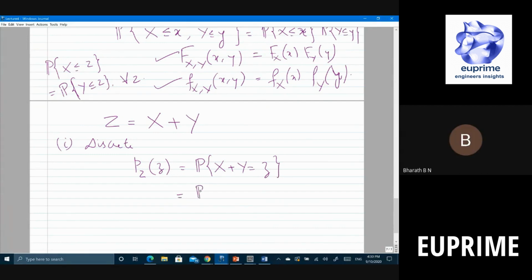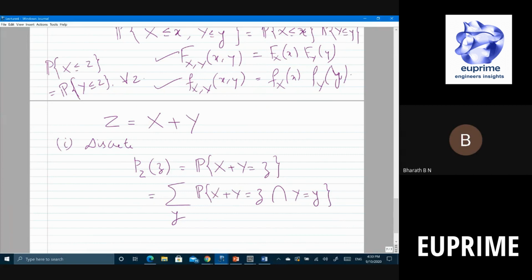Now I can write this as probability of X plus Y equal to z intersection Y equal to some y, but I will sum it over all y. Why is this a correct argument?